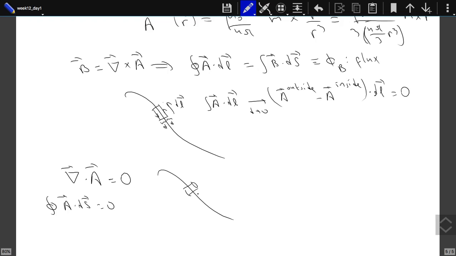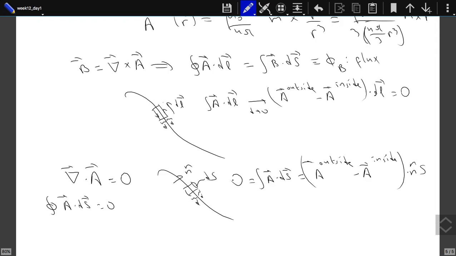Take this cylinder. The integral of A dot ds is nothing but A outside minus A inside, dot n, times S, where this is my ds.